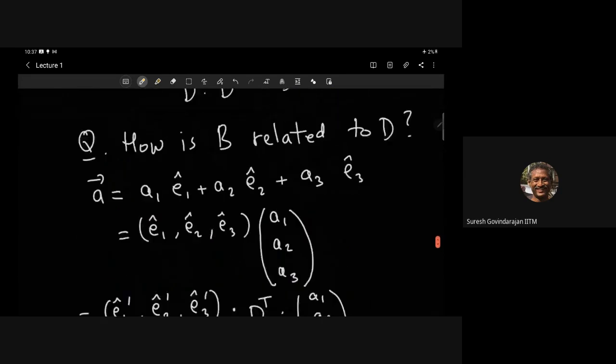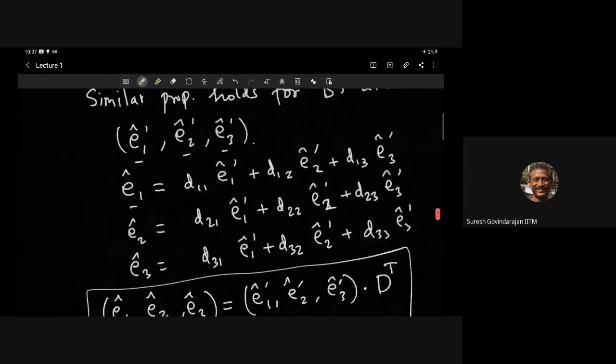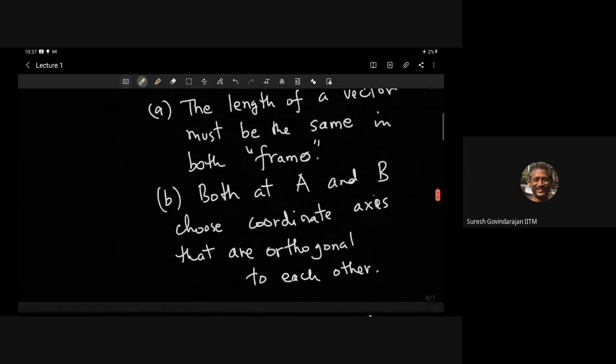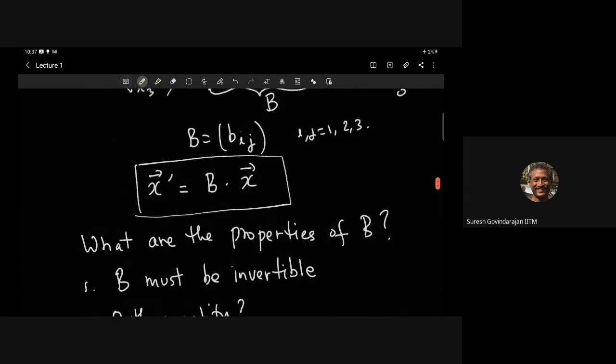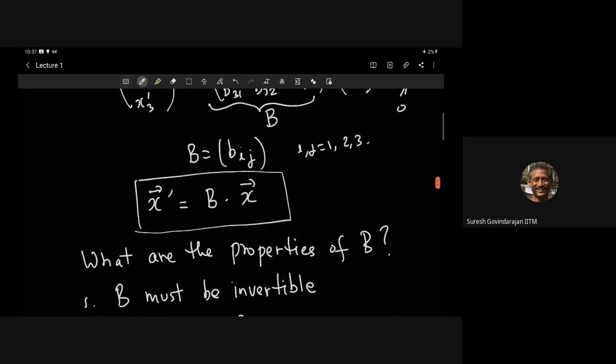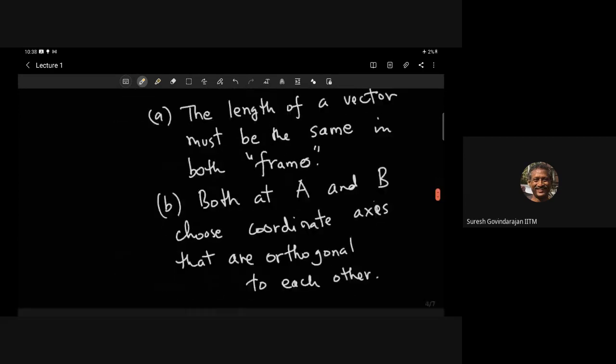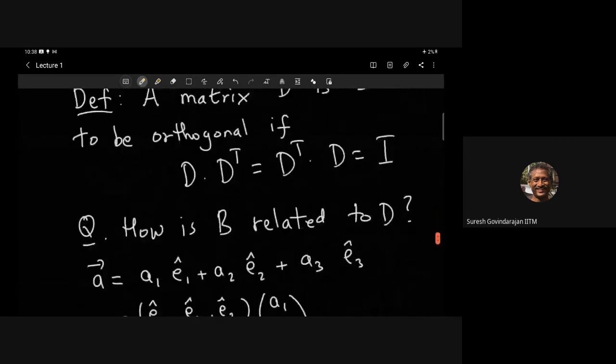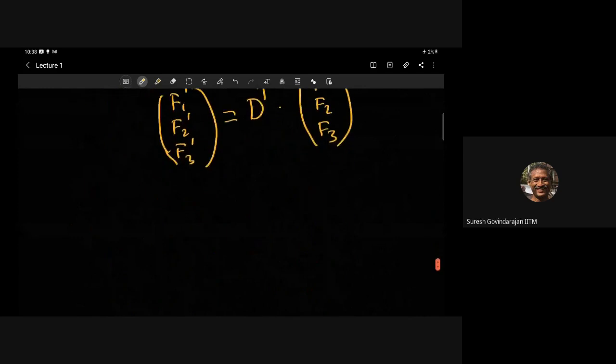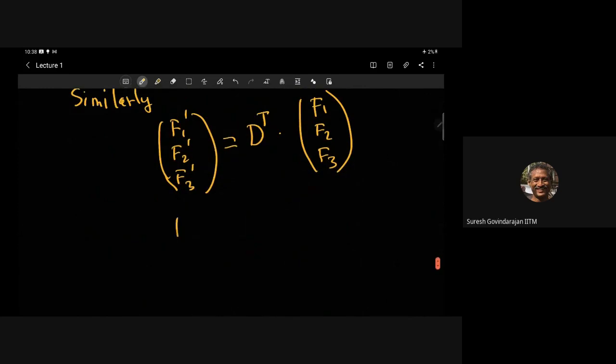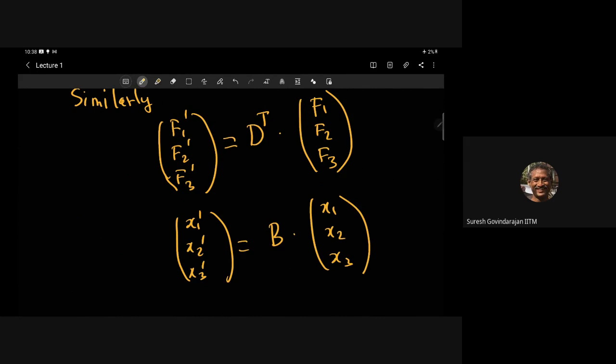So now we can go back to our definition of the matrix B. B took you from prime to 1, right? That's what you get. So let me write that. Now what is the relationship between B and D?